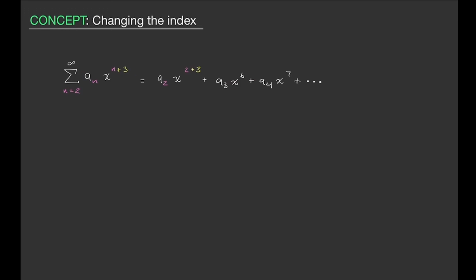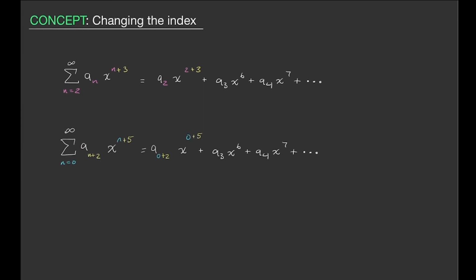Now writing this out, we would get a sub 2 x to the 5th, because the starting n value is equal to 2, plus 3. And then we increase that to 3 and 6. We increase that 4 to 7. And that's because we index over n, and each time we increase n by 1. So we have n equal to 2 here, n equal to 3 here, n equal to 4 here, and so on. Now we can write exactly the same series, but change the starting value of the index.